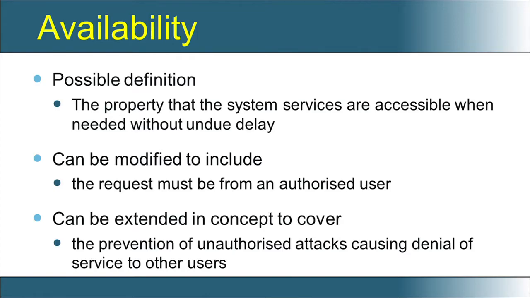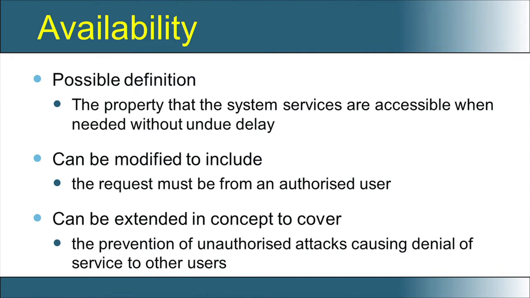And with some more of what we saw in the previous slide, we can say that the system services, when requested by an authorized user, should be available without undue delay. And we can also add the second facet of this definition, where we need to prevent unauthorized attacks causing denial of service to other users.